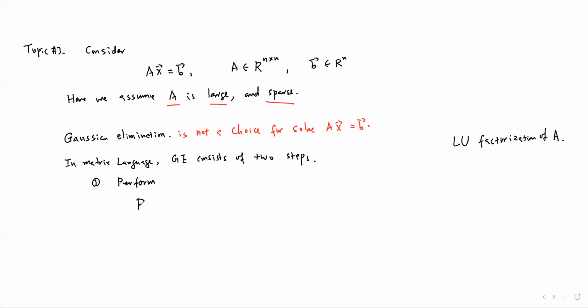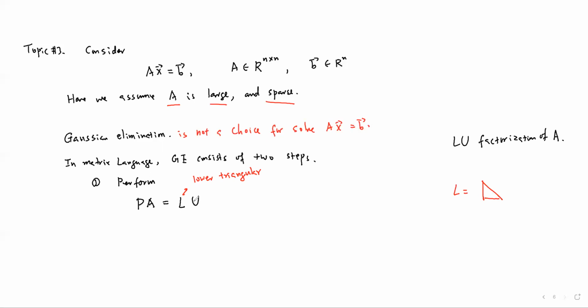Find a permutation matrix P such that P times A is equal to L, a lower triangular matrix, times U, the upper triangular matrix.